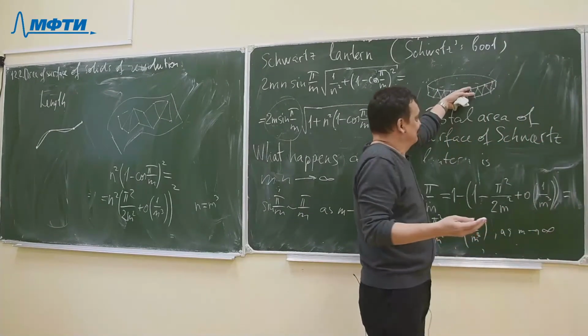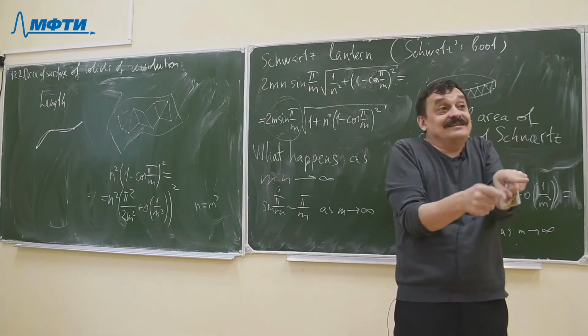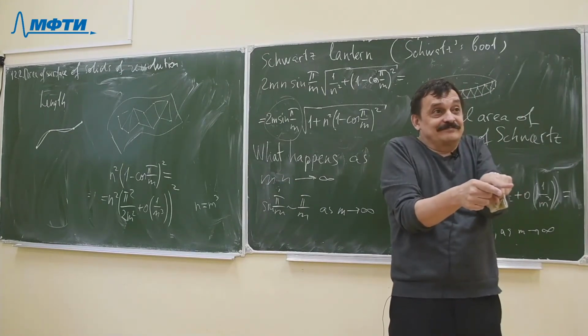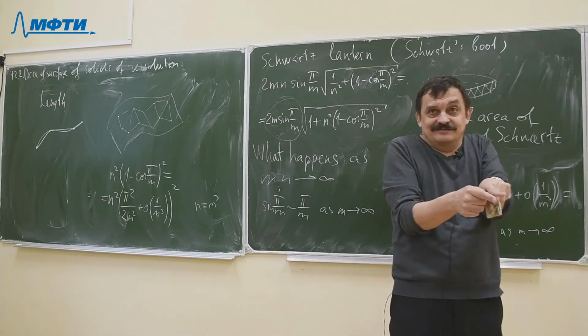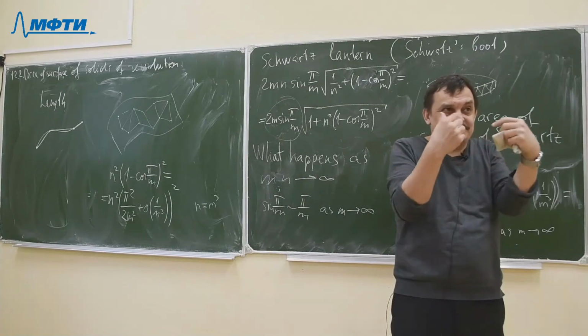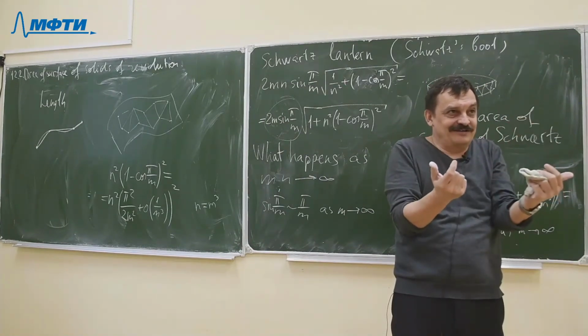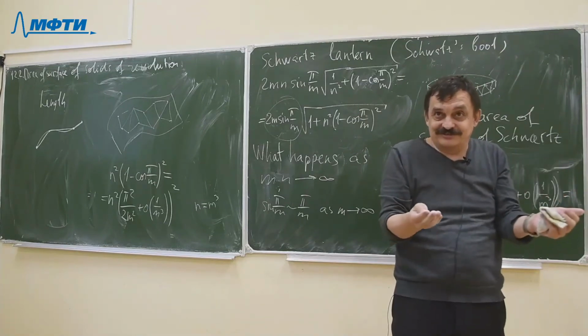You see, you make slices thinner and thinner, right? And triangles are smaller and smaller. But it is constructed in such a way that the total area tends to infinity.